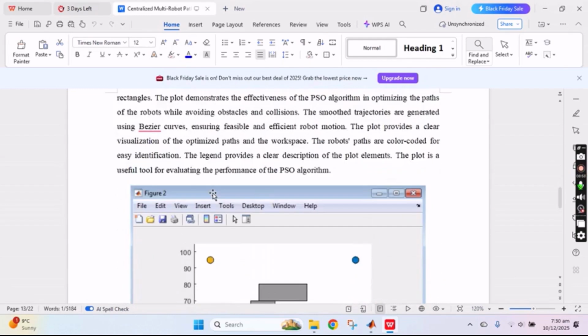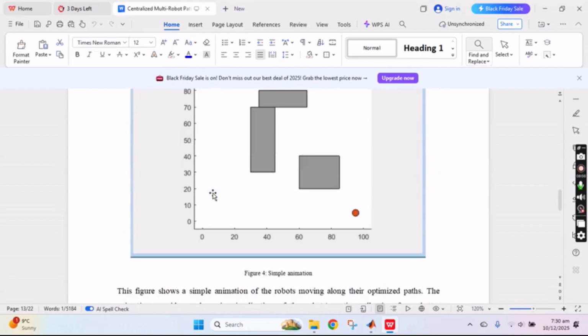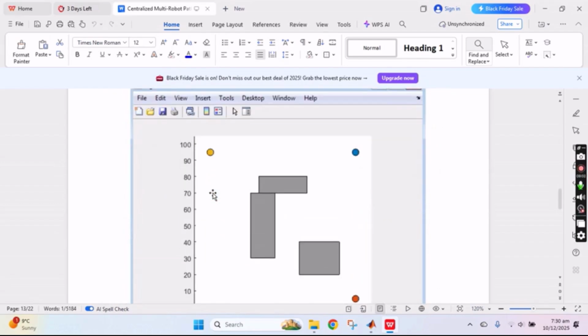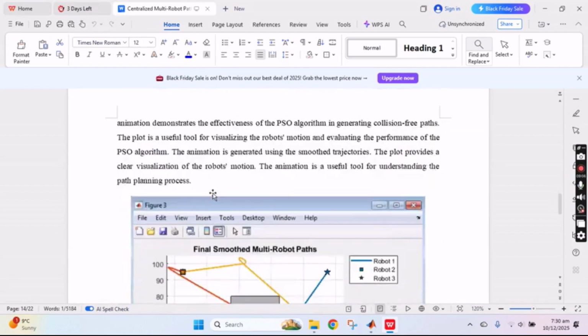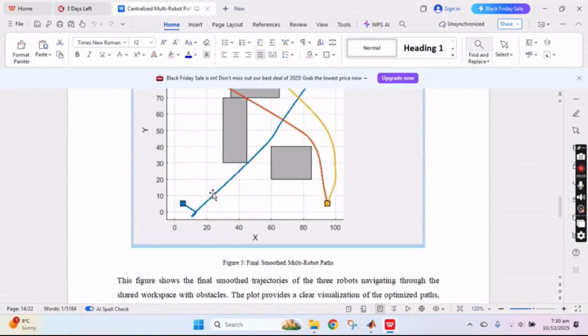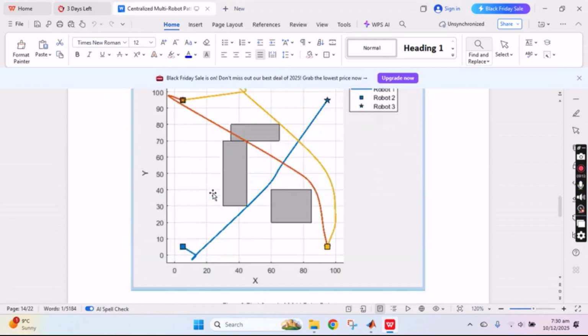So yes, these are the reports, which are basically three simple animations for the report, like how the PSO algorithm works. This is a final smooth multi-robot path.